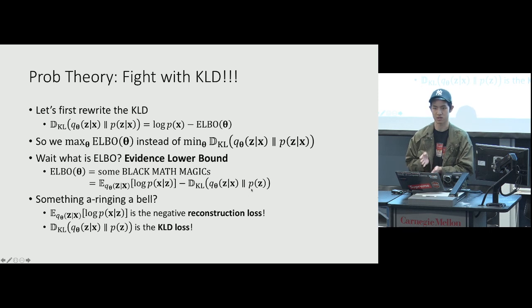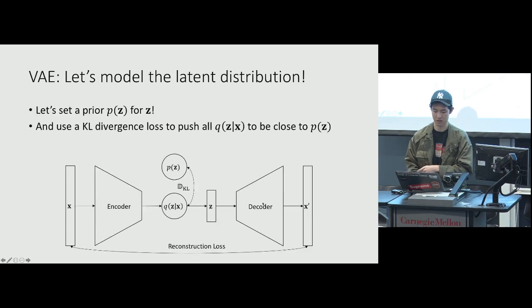So one amazing thing here is that this exactly corresponds to the loss we consider here. So we have x here. This encoder gives us a q of z given x, and then we sample z from this q of z given x, and then we want to reconstruct x here. So consider there is a p of x given z here.